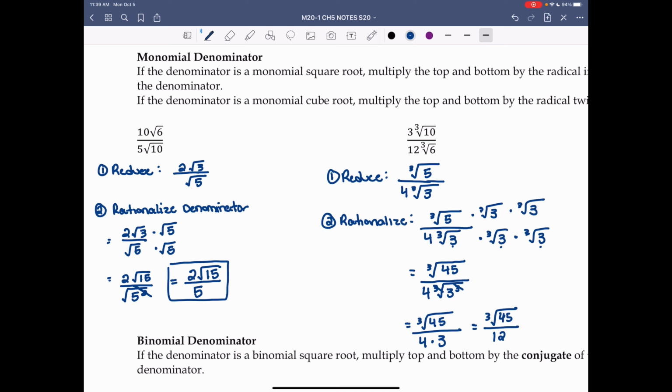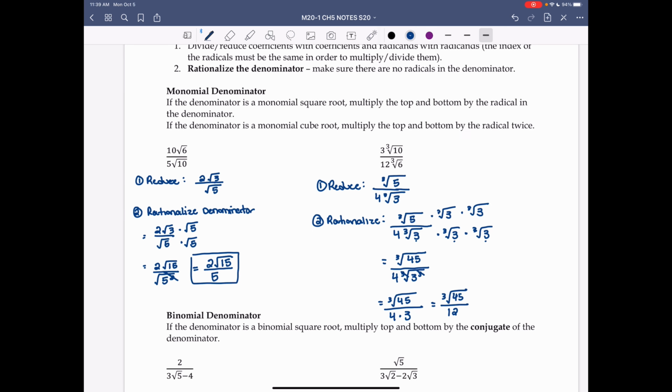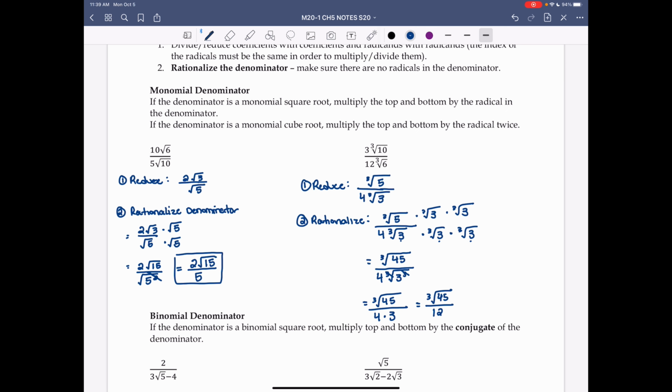And we should actually check that our radicals in the end can't be simplified. Let's make a list of perfect squares and perfect cubes.